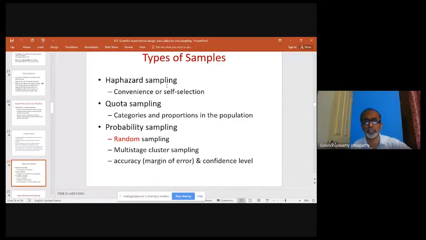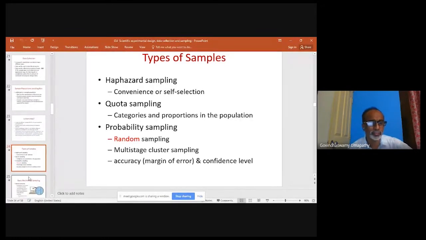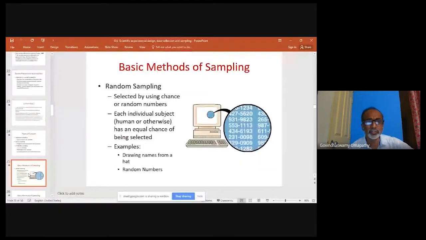What type of sampling can you do? There are many ways one can do sampling. There is haphazard collection of samples, quota sampling, and probability sampling, and I'll go through how each sampling is done. We should be very careful about doing sampling. The basic sampling method is random sampling.